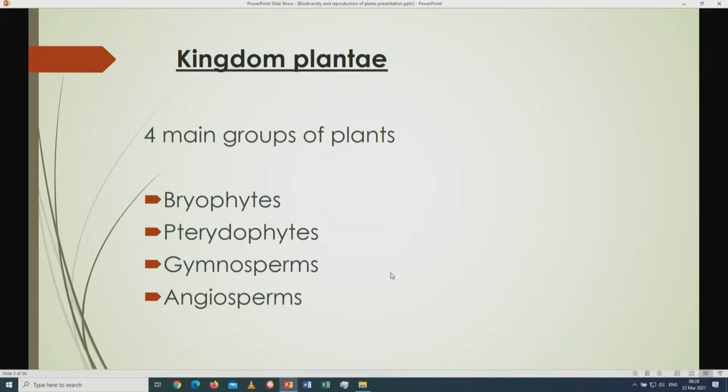Even though plants share certain general characteristics in common, they don't look the same. Hence, they are divided into four main groups, namely the bryophytes, the pteridophytes, the gymnosperms, and the angiosperms.